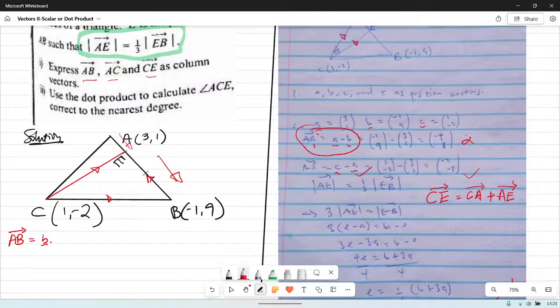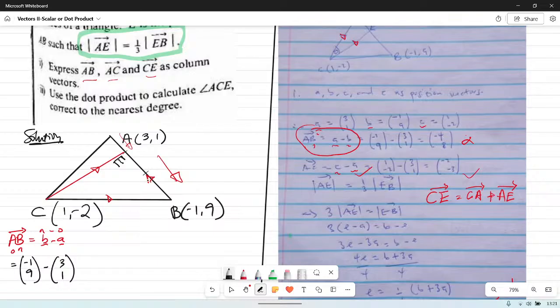AB is B minus A, new minus old. So now, what is B? B is negative 1, 9. What is A?